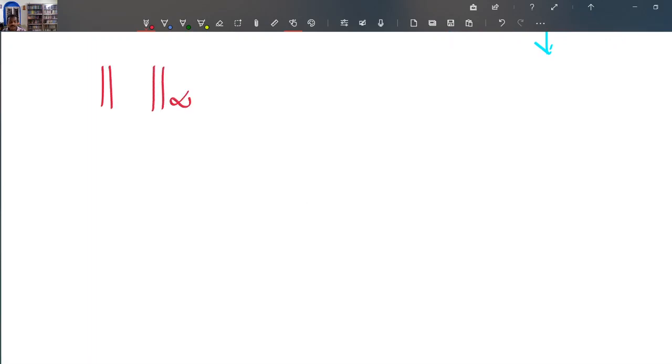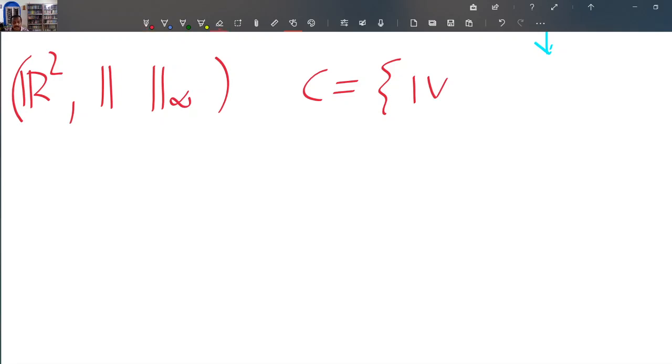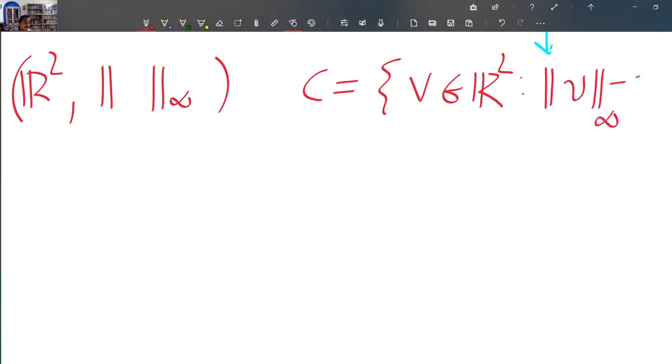So what is happening in the supremum norm? You are considering R2 with the supremum norm, and you are considering the set C equal to the set of all V in R2 such that the supremum norm of V is equal to 1.